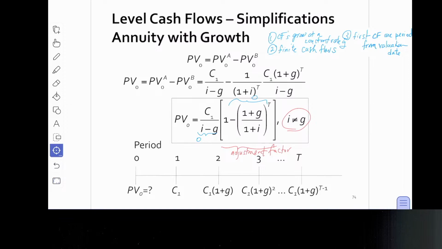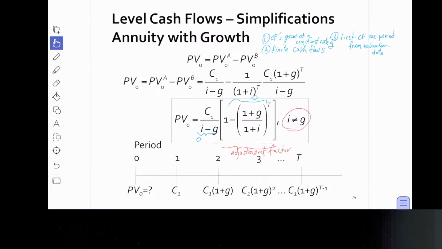They're finite cash flows, and the first cash flow is one period from valuation. And I'm going to add the fact that the growth of cash flows begins in period 2. A very important point: if it doesn't happen that way, you can't use this version of the formula. You have to derive a different one.